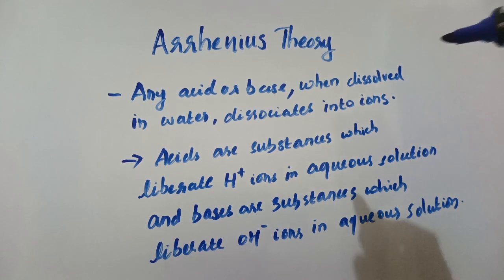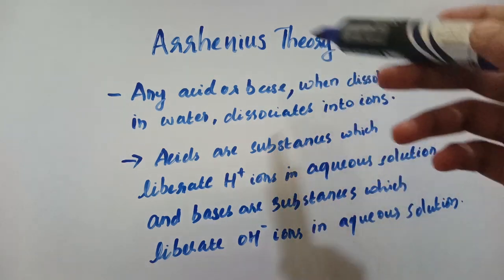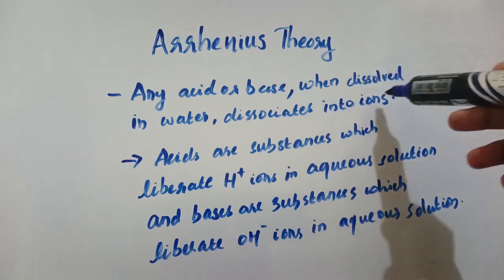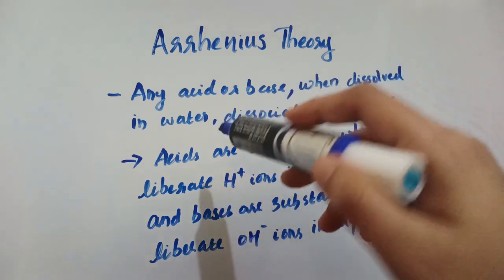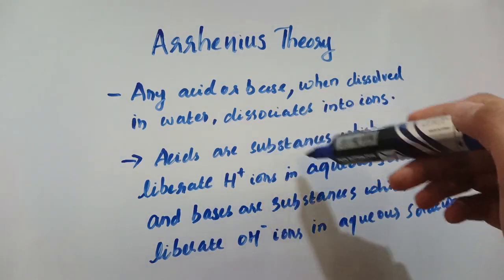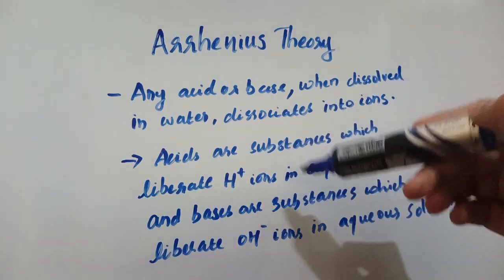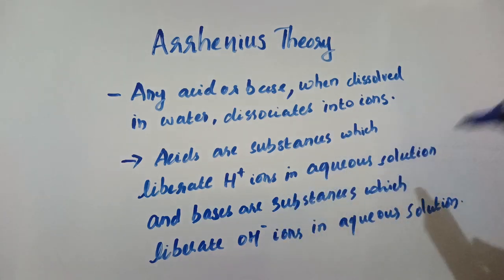Next we can see Arrhenius theory. He proposed that any acid or base when dissolved in water dissociates into ions. According to his theory, acids are substances which liberate H plus ions in aqueous solution and bases are substances which liberate OH minus ions in aqueous solution.